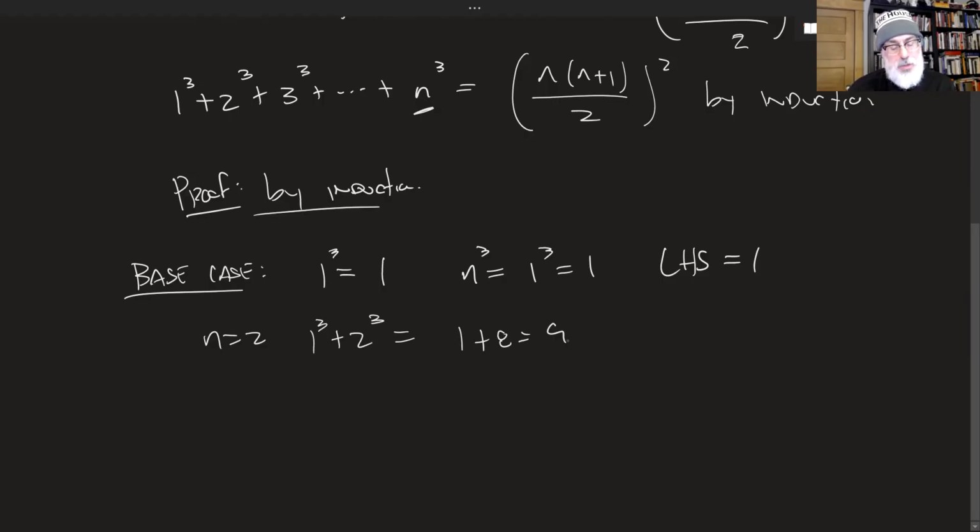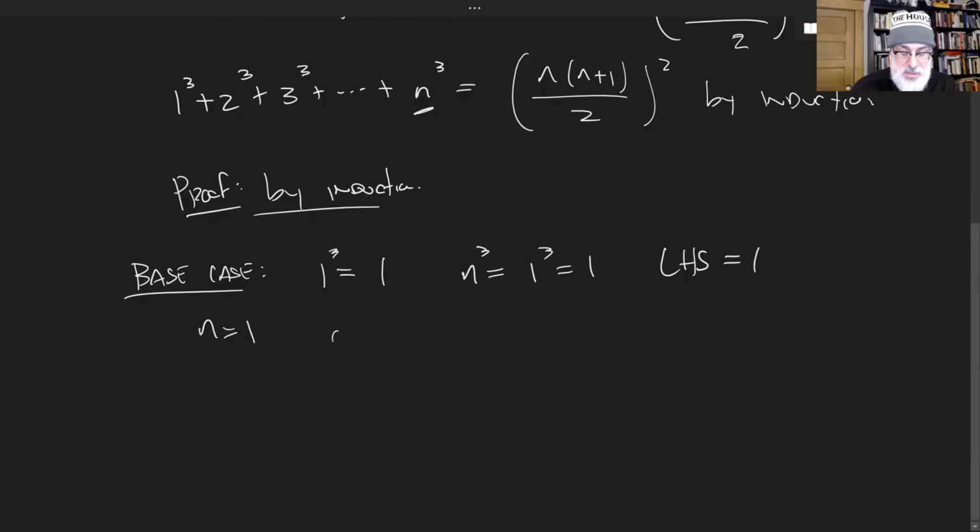So if you want to look at some other cases of n in the base case, generally we just check the first, but if you wanted to see just intuitively what's happening, you would always think of the nth term as being the sum up to that. So if n is 5, that means it's the first 5 integers cubed and summed. But again, you only need to really show the first case, n equals 1.